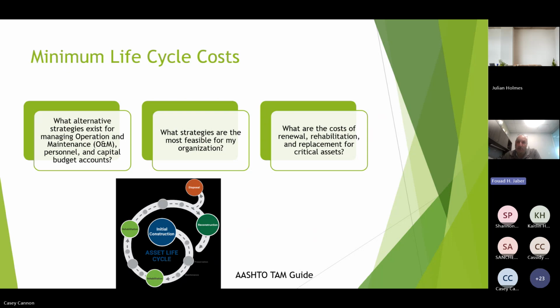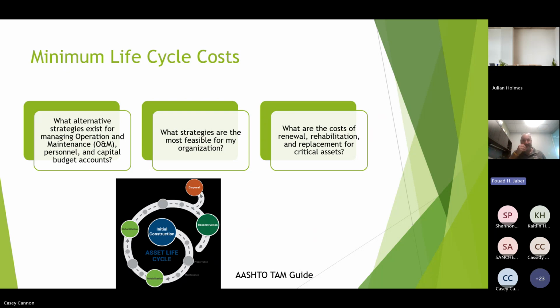What are the alternative strategies for operation and management, personnel, and the capital budget account? Like she mentioned, there are things that you can do from your small account, and others that are capital projects.